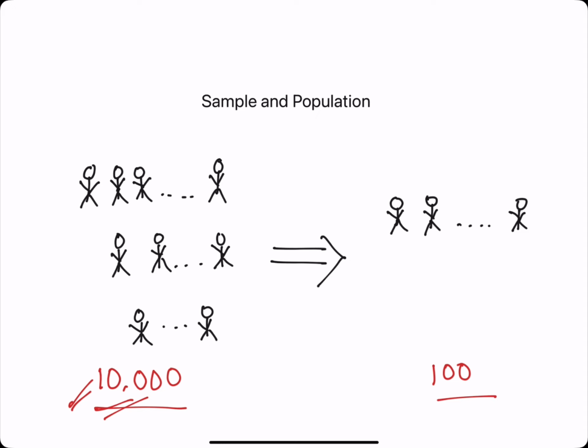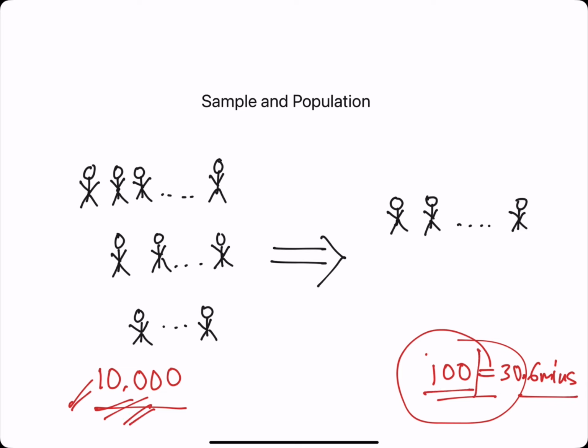Instead, we choose 100 students from this 10,000 population and ask them, and maybe we find that the mean time taken is around 30.6 minutes. So our 10,000 consists of the population, and the 100 people we selected consist of our sample.